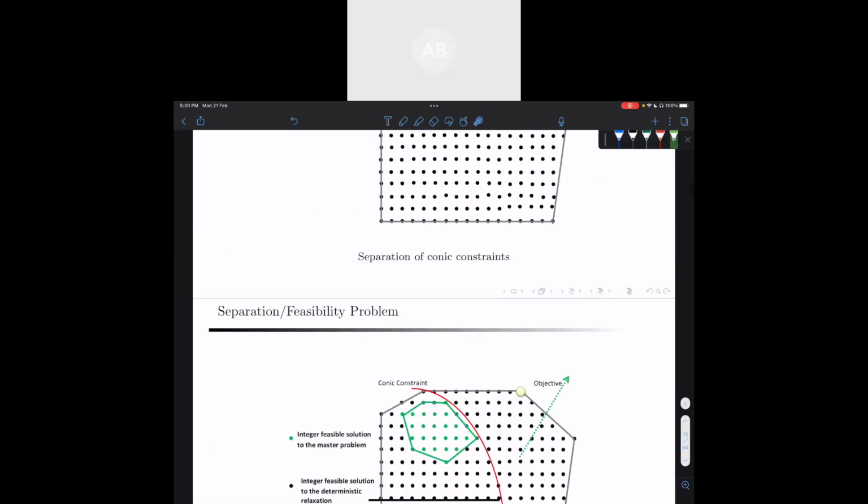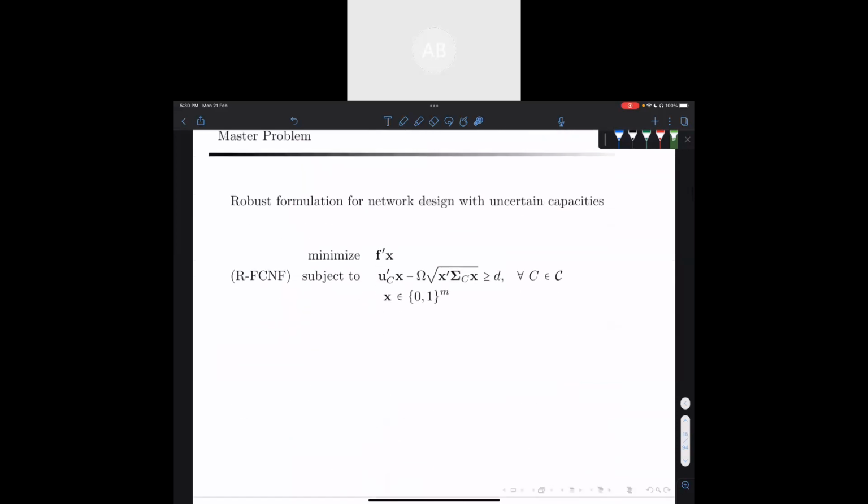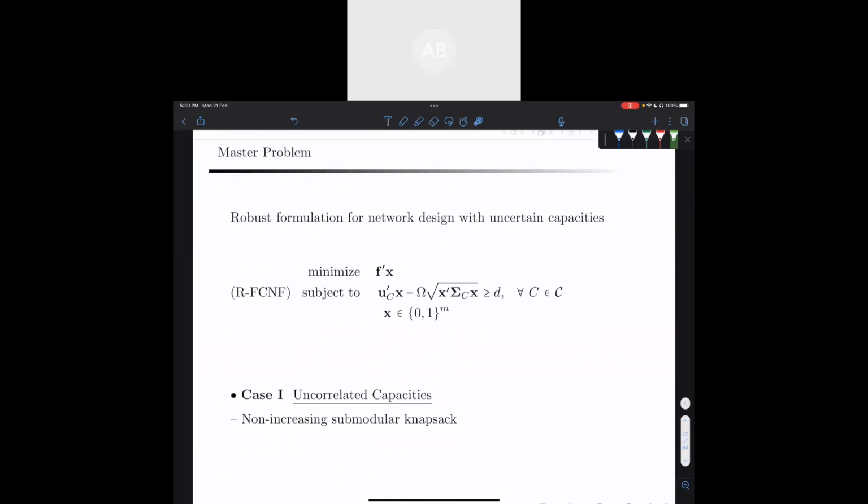And the constraints to identify are not super difficult.